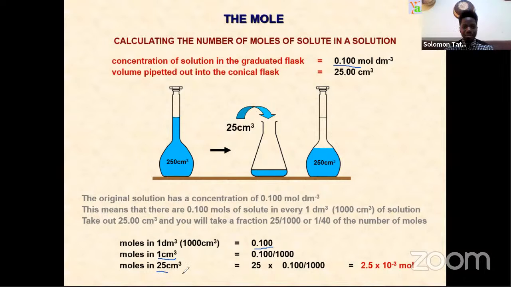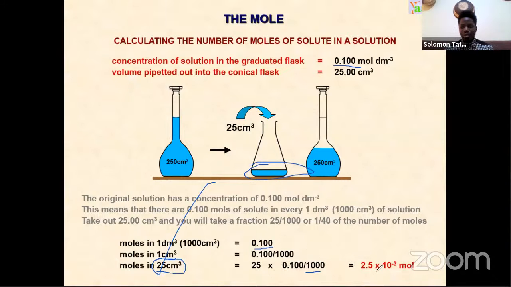And then if you ask the moles in 25 cubic centimeters, the moles in what you pipetted here, the number of units, or we call them moles, in what you have pipetted, then there would be the volume times the concentration. Remember we are dividing by 1000.